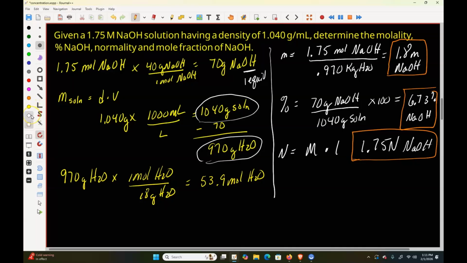For the mole fraction, I have the moles of solute over my total moles.